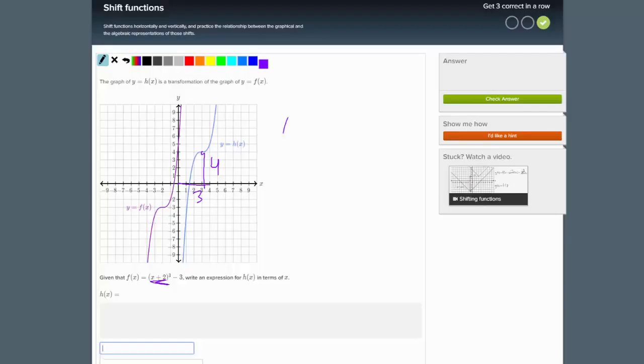So it's going to be x minus 3 cubed. This one up 4. This is the same. This sign doesn't change, right? So like here I went down 3, minus 3. I went up 4, plus 4. My equation is x minus 3 cubed plus 4.